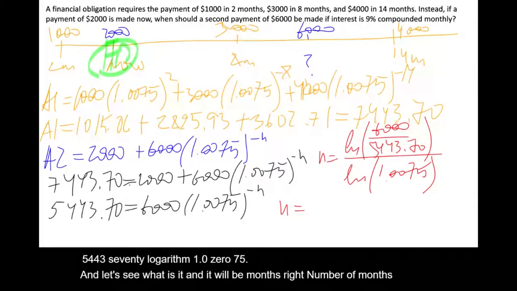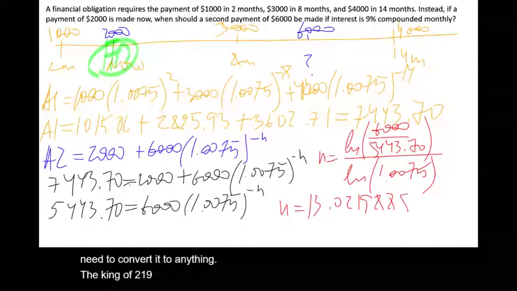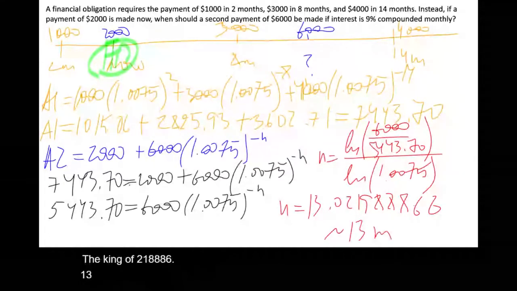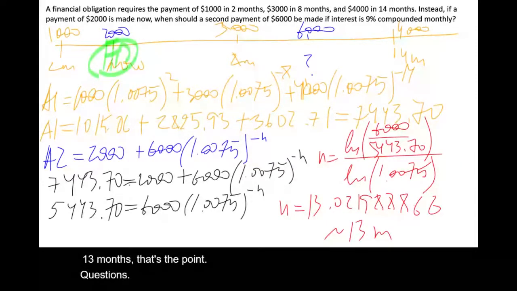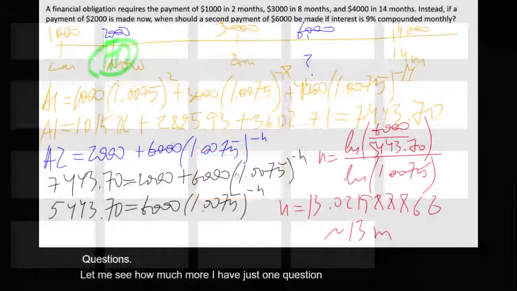So I don't need to convert it to anything. 13.021988. I can say 13 months. That's the point. Questions? Let me see how much more I have. Just one question. Oh, pretty good actually.